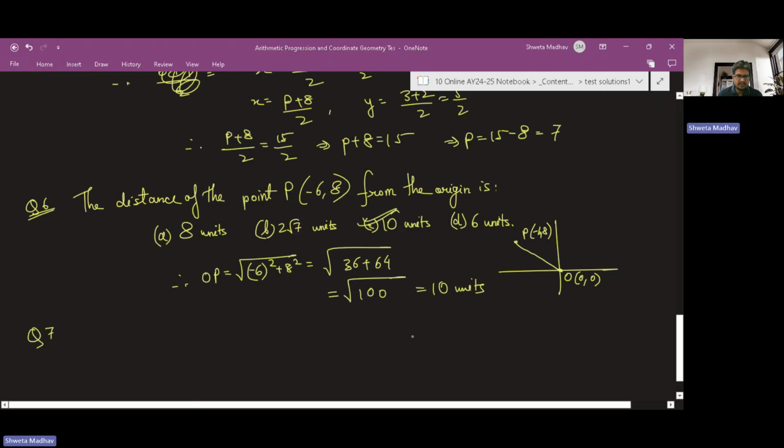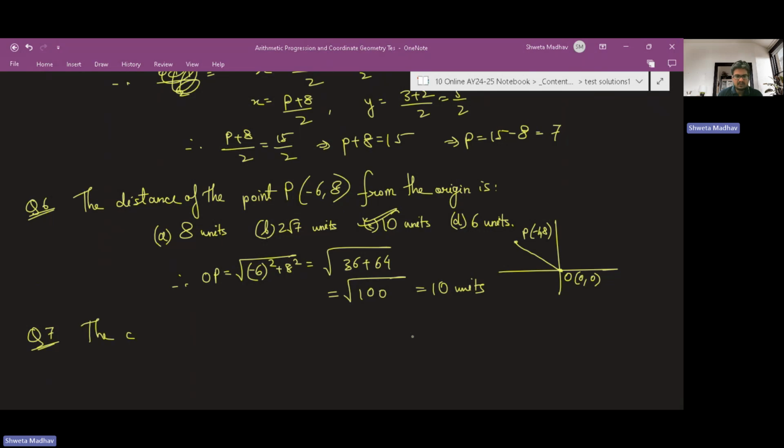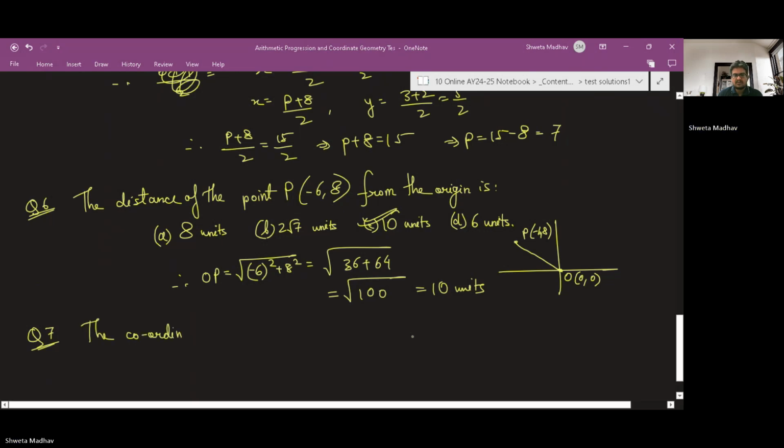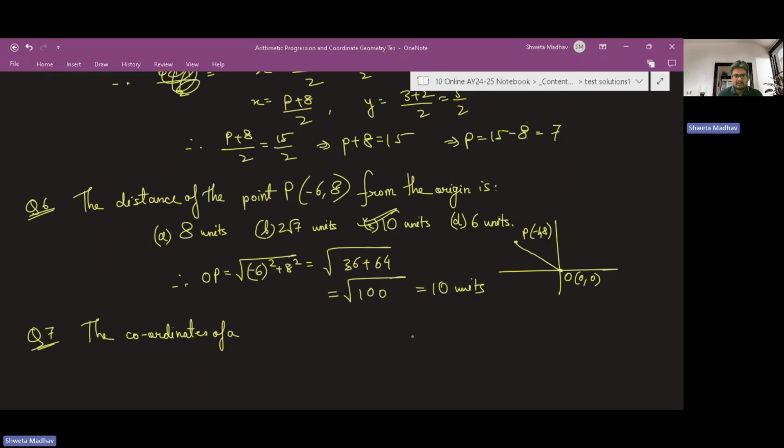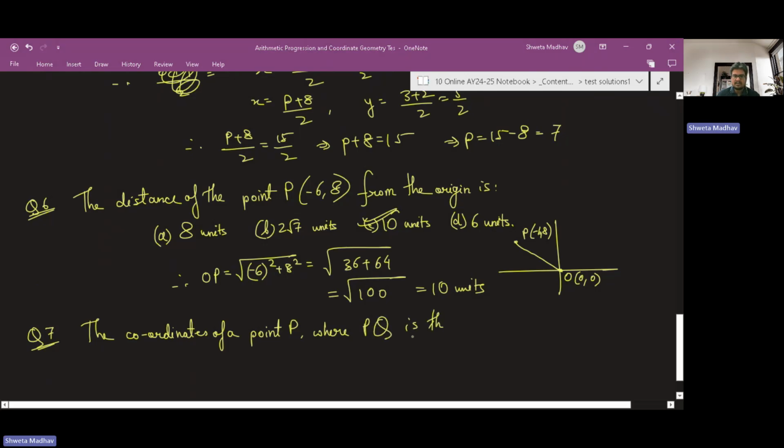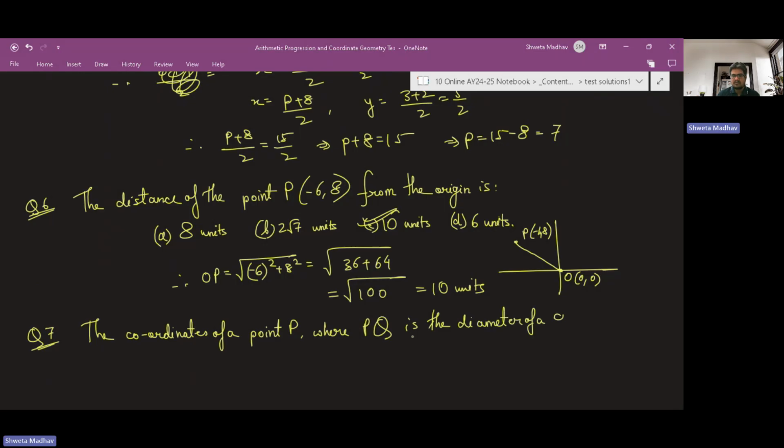Then in question number 7, it is told that the coordinates of a point P, where PQ is the diameter of a circle whose center is 2 comma minus 3, and Q is 1 comma 4.